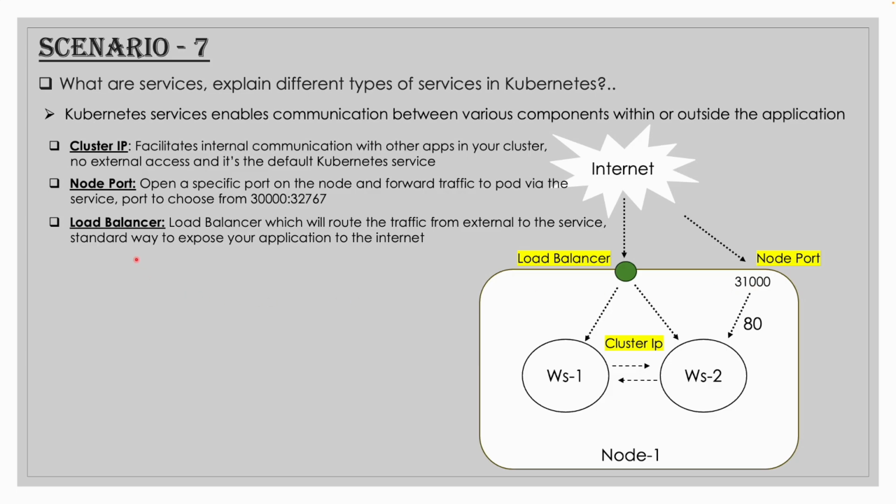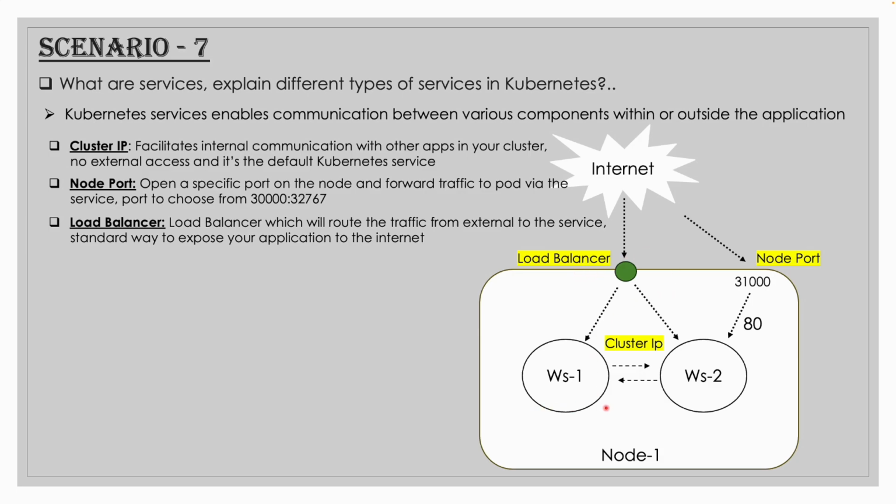Third but not the least, load balancer type. The load balancer will route the traffic from the external service. So basically this is a standard way to expose your application to internet. Now this is a standard way to access your application from internet, guys. So it's a load balancer type.